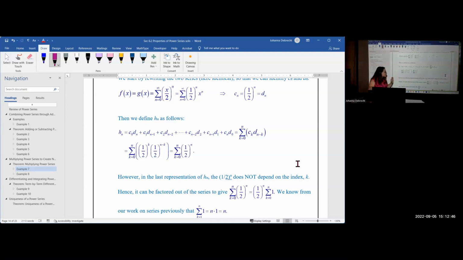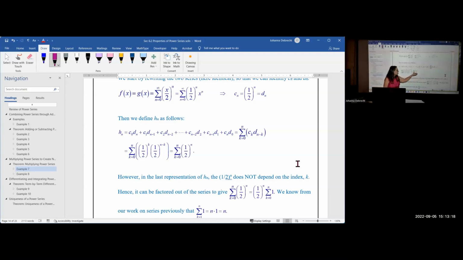In the last representation, though, notice that this value of the summand depends on n, but it does not depend on the index of summation, which is k. Because it depends on n, which is assumed for now to be some constant, it's changing, but it's constant each time, then we can take this out of that power series.